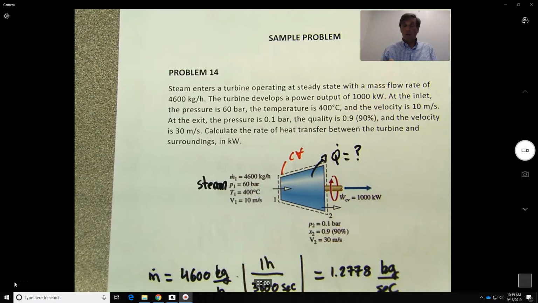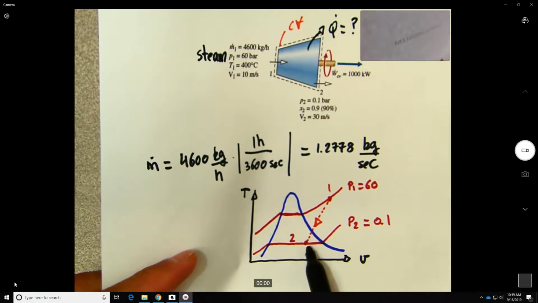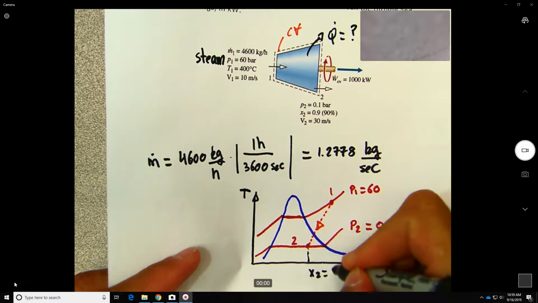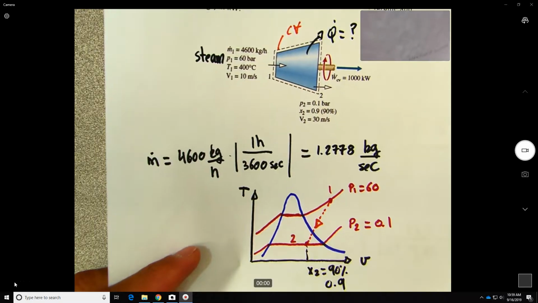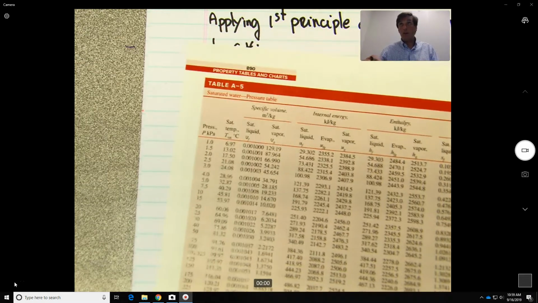H2. So for H2, we need to go to the table for the mixture. We know that the quality over here is 90% or 0.9. So that's table A5 over here.